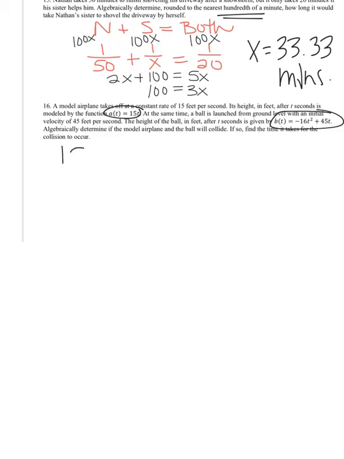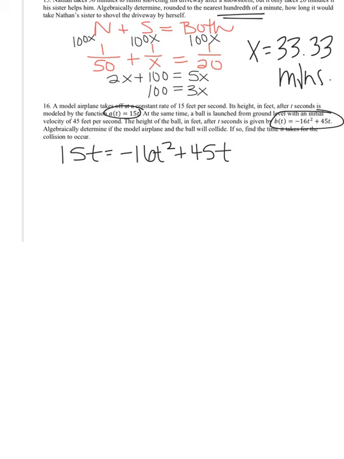So I'm going to do 15t equals negative 16t squared plus 45t. The way that you're going to solve this, they actually will collide if you get a positive real solution. If you get imaginary numbers, they are not going to collide.